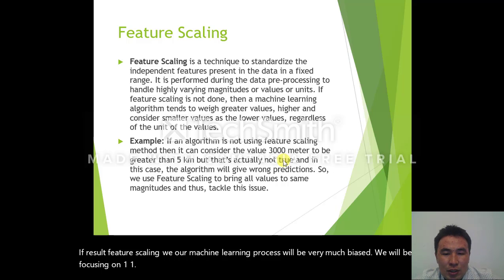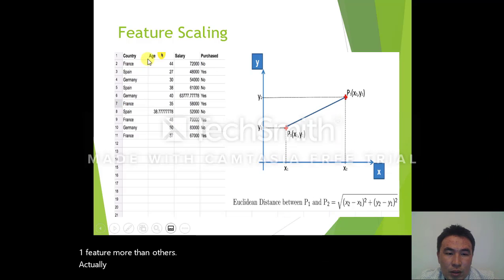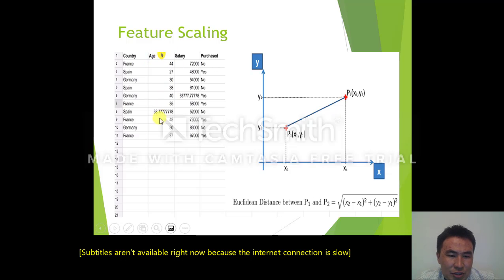Actually, it's not a problem that age is lower, and it's not a problem that salary is higher, but their scales are different. That's why we are normalizing them.